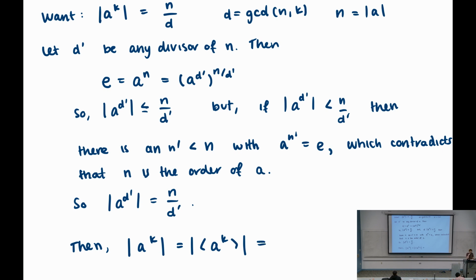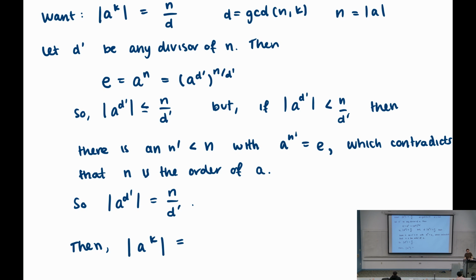And why is this equal? All right, I'm not following what my notes say, but let's figure this out. We just showed that the order of a to the d prime is equal to n over d prime.